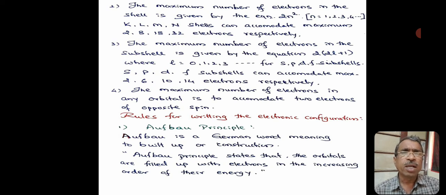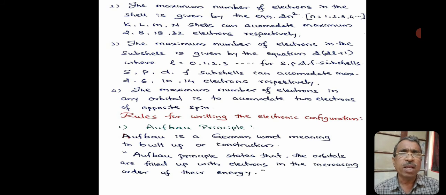Now coming to the rules for writing the electronic configuration. There are 5 rules: Aufbau principle, n plus l rule, Pauli's exclusion principle, Hund's rule and then extra stability rule.